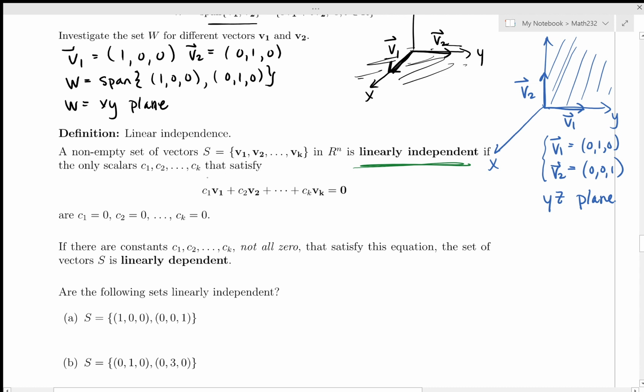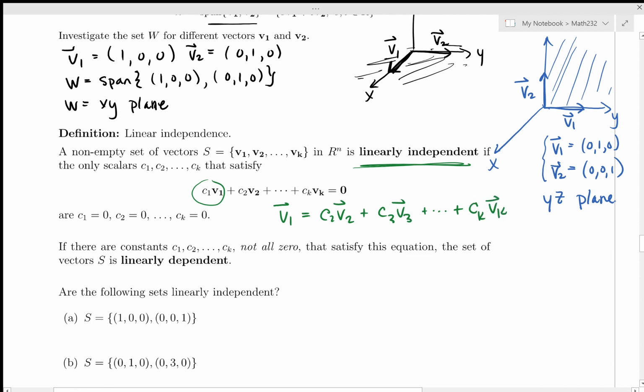So for example, what this is telling you is I cannot take V1 and make it in this way: something times V2 plus something times V3 plus dot dot dot plus something times Vk. That can't happen.